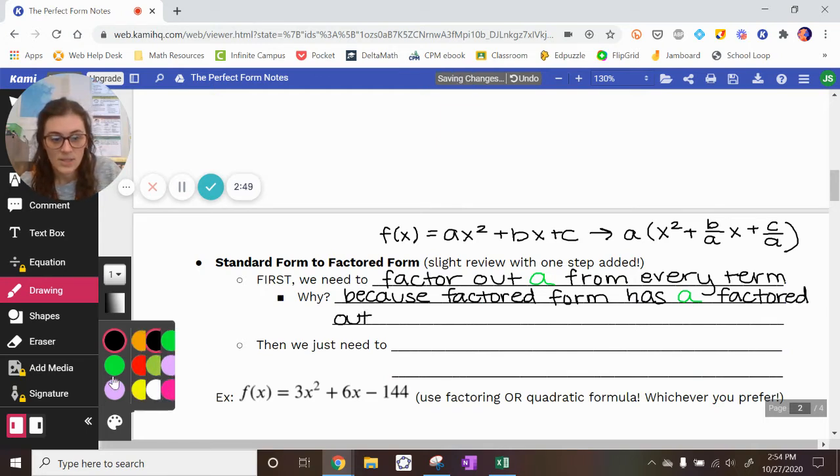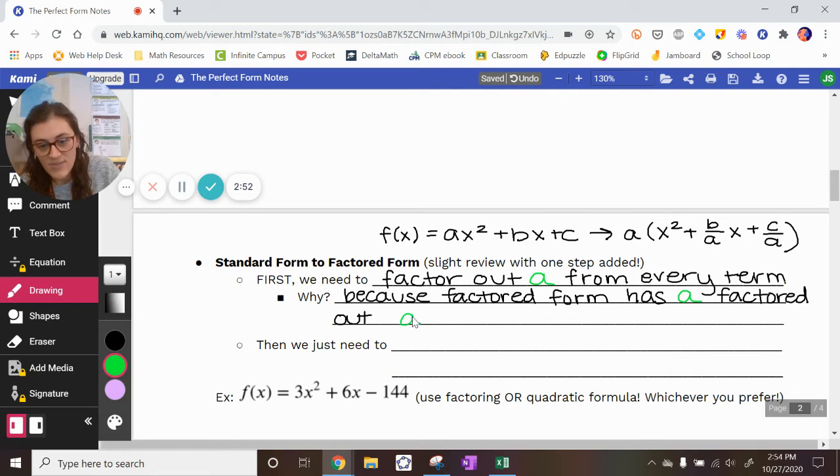If you're wondering what I mean, it's because we have that a times x minus p times x minus q. So that a is outside.